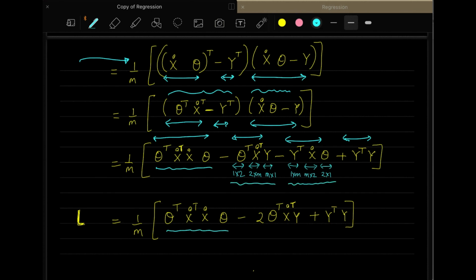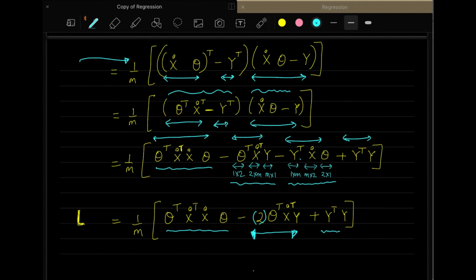As you can see, the matrix multiplication results in a scalar of 1 cross 1. So normally what we do is we combine these two together, and it will give this answer. Here we are retaining the first one. These two are the same, so we are adding them together, giving it twice, and then we have y transpose y.